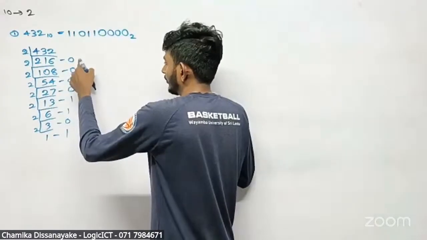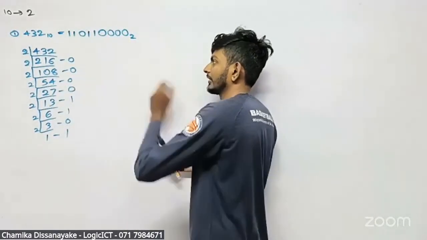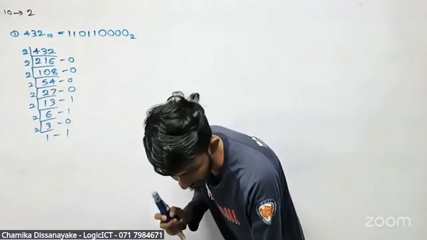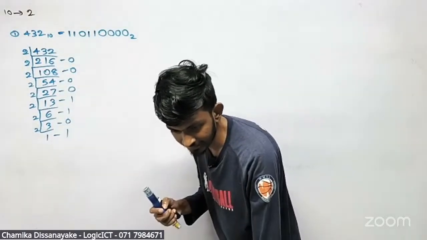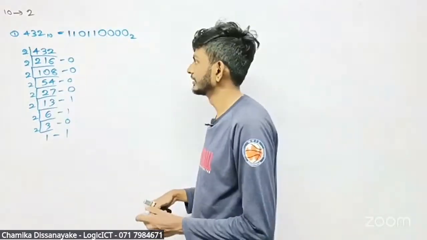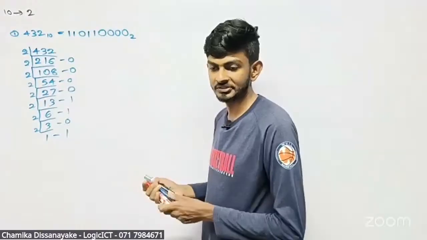We have to keep all the zeros. If the zeros are on the right hand side, it doesn't matter. We have to keep all the zeros. I think you made it correct? Altaf, check this one.